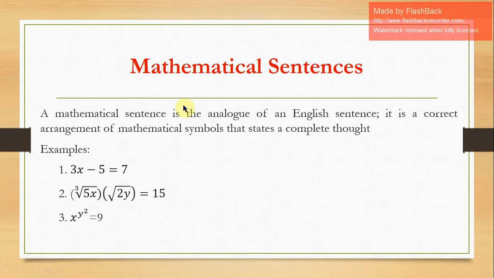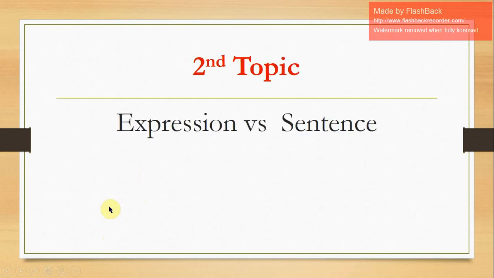So, anong mapapansin niyo sa kanila? Anong similar sa kanila? Yung verb, which is the equal sign. Diba? One of the examples of a mathematical verb is the equal sign. So, pag mayroon siyang equal sign, automatically, that is a mathematical sentence. So, kapag may value sa left side ng equal sign, and may value sa right side ng equal sign, that is an example of a mathematical sentence.